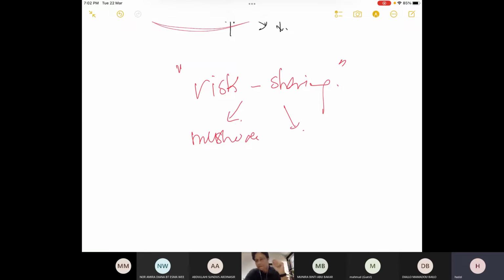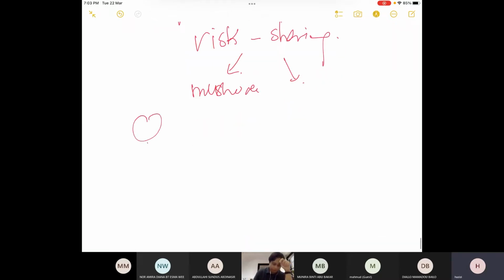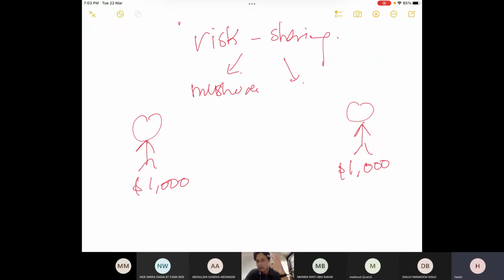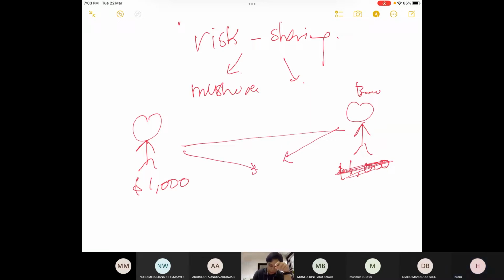So in the case of myself and the borrower who wanted to borrow 1,000 from me earlier, risk sharing is different from risk shifting in conventional lending, by having the risk shared between me and this borrower.